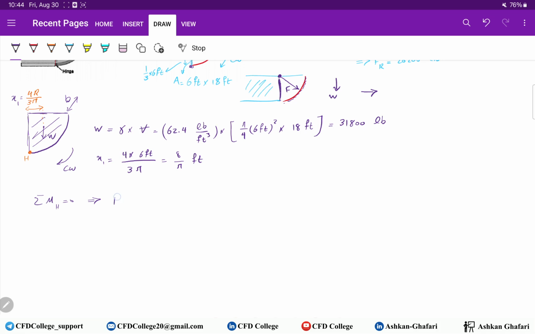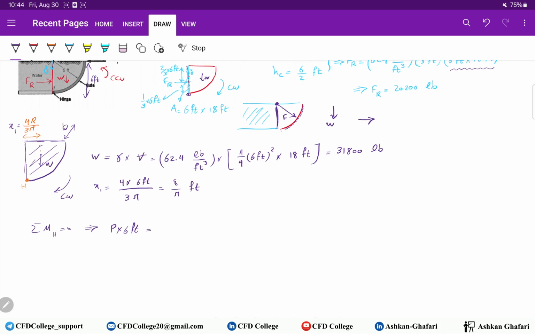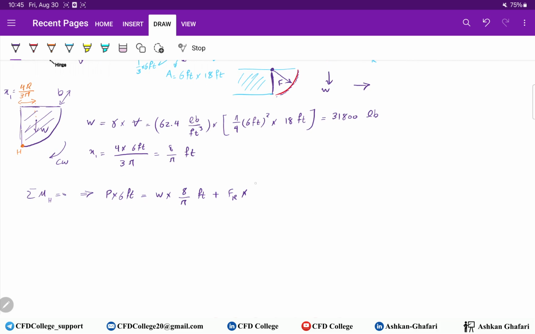So P times the distance to the hinge, which is 6 feet, P times 6 feet equals W times 8 over pi feet plus Fr times 1/3 of 6 feet.